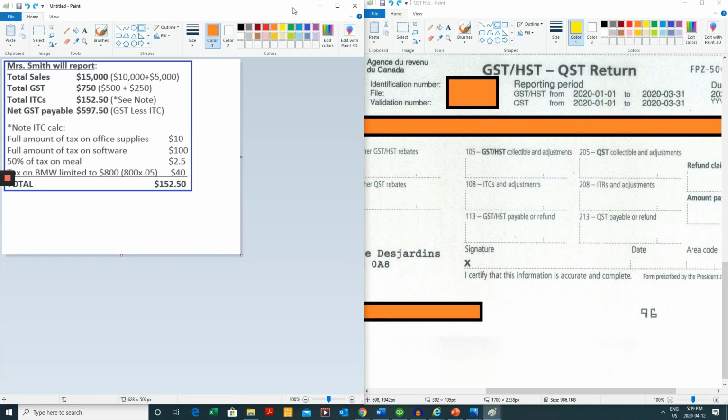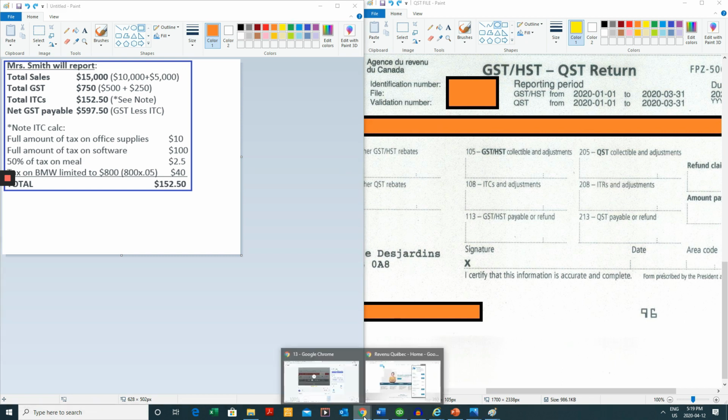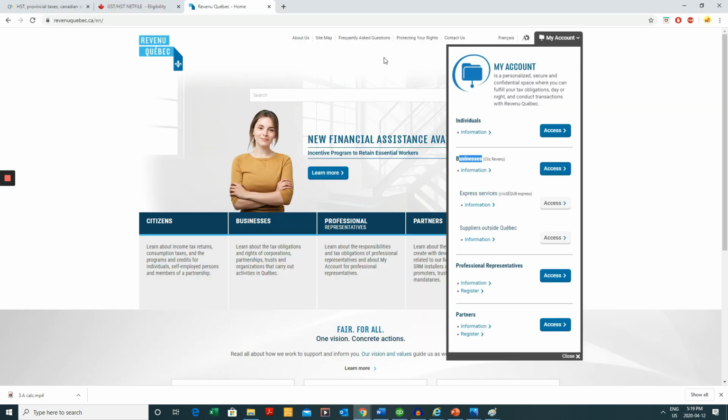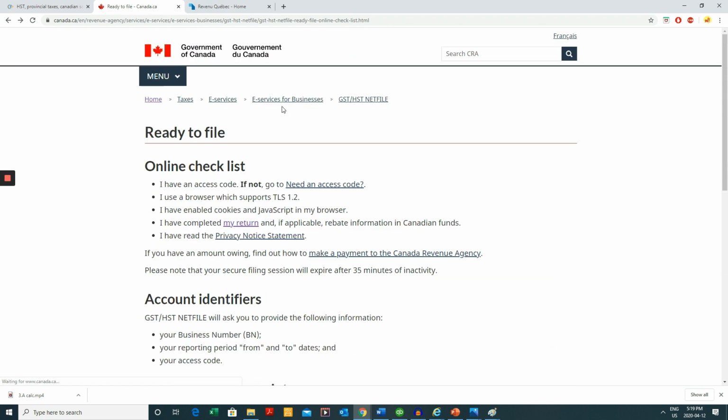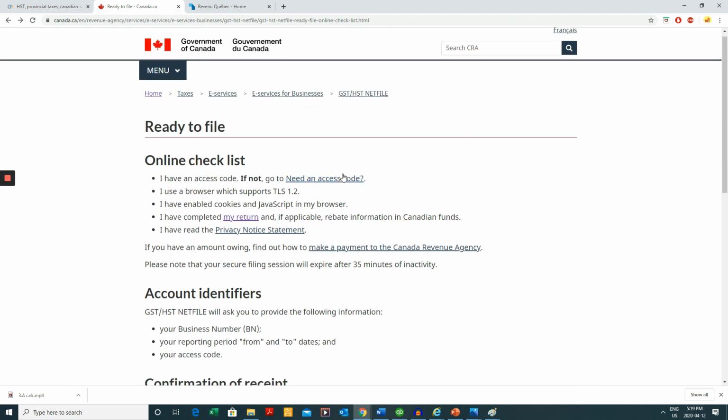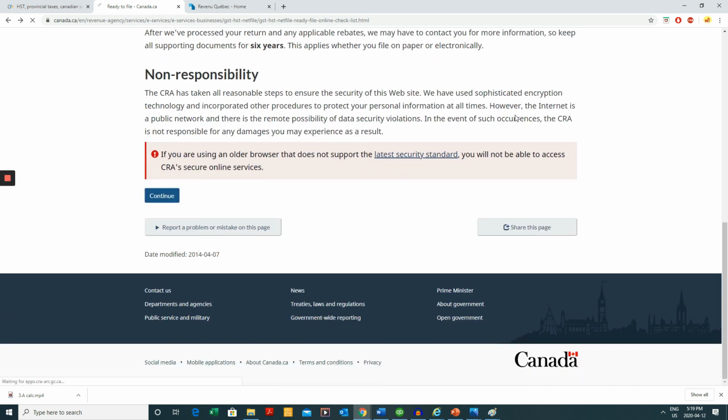Next thing I want to show you is how we actually file and send the information. When it's time to provide the government with the relevant info, you can file your sales taxes online as long as you have the necessary access code, using NetFile.